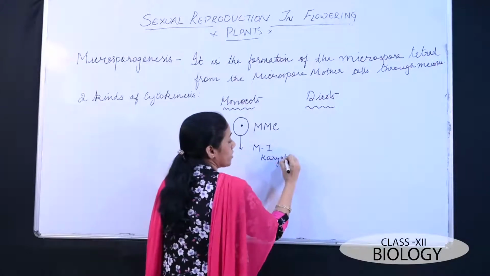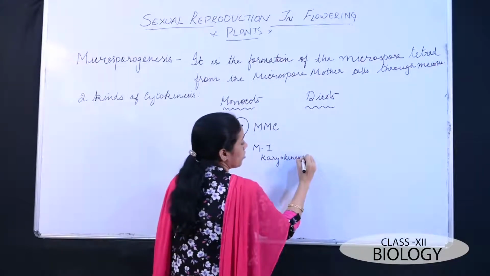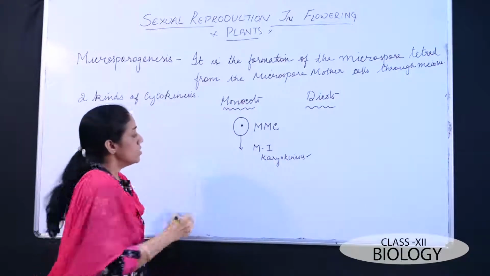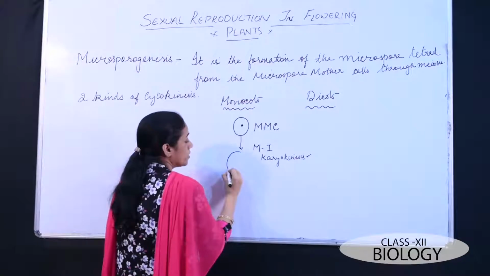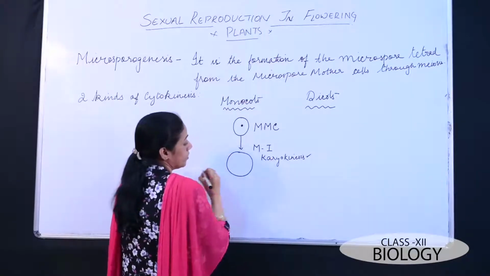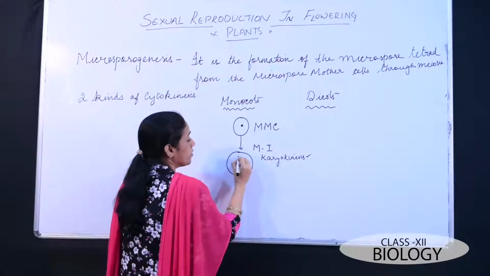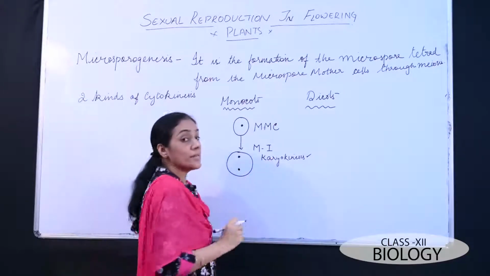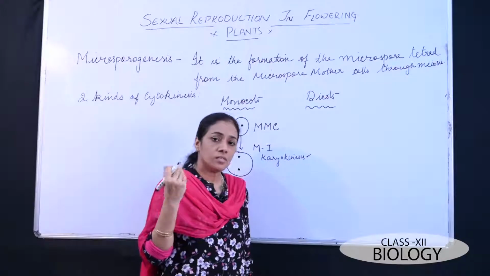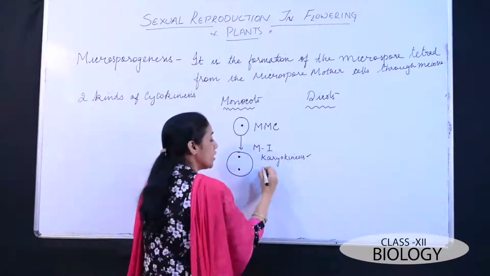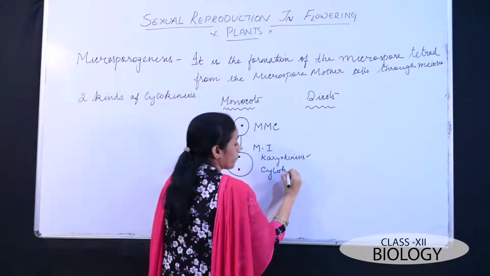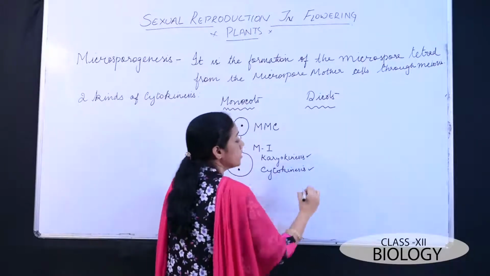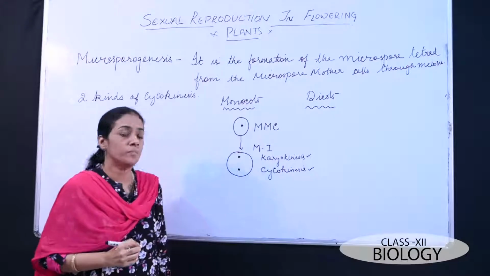And what is karyokinesis? You very well know, it is a division of the nucleus. So the cell will divide into two, and this karyokinesis will be followed by cytokinesis. And what is cytokinesis? You know, it is a division of the cytoplasm.